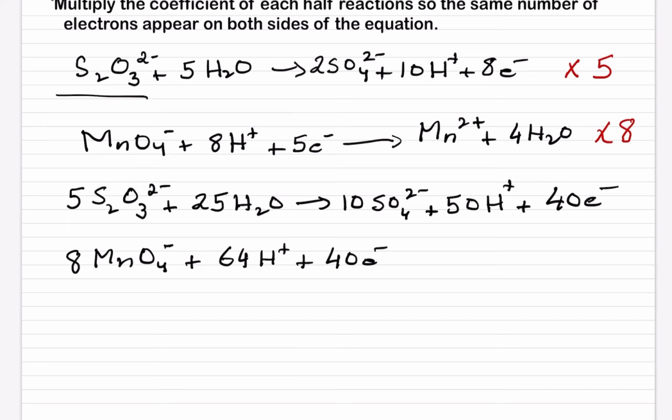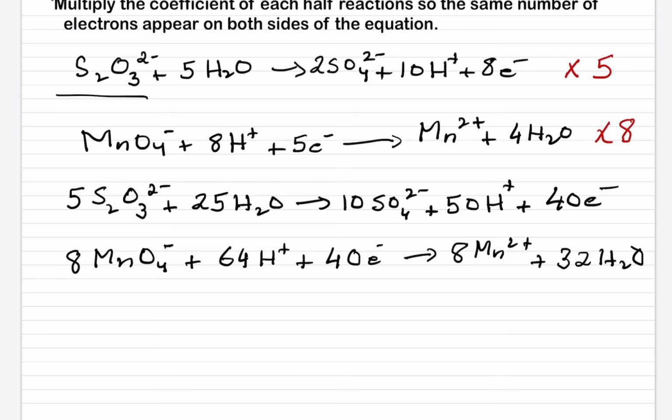You can write it more clearly. 40 electrons will yield 8 Mn2+ + 4 8s are 32 H2O. So now we have multiplied both sides and now the electrons are equal.